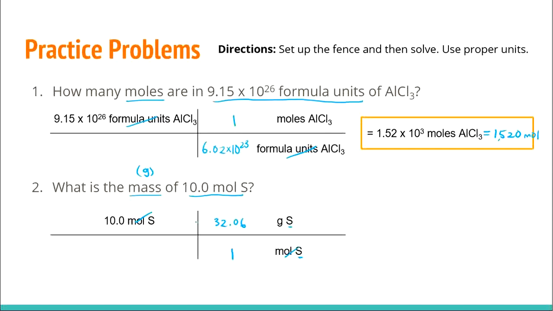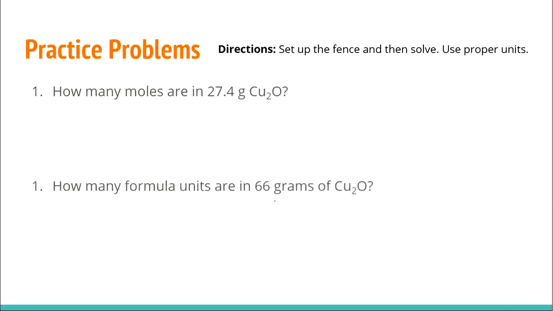So 10 times 32.06 divided by 1 is equal to 320.6 grams of sulfur. And again, I'm going to round that so that I just have a total of 3 numbers, so 321 grams of sulfur. Make sure you are putting these numbers into your calculator as well, so that you know you are doing the math portion correctly. Try the next one on your own.